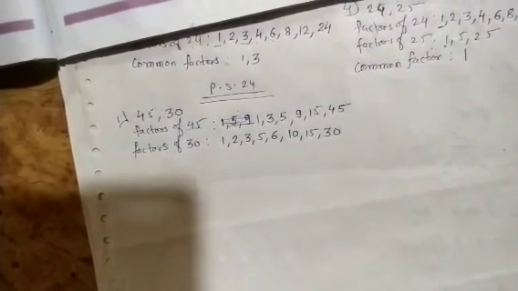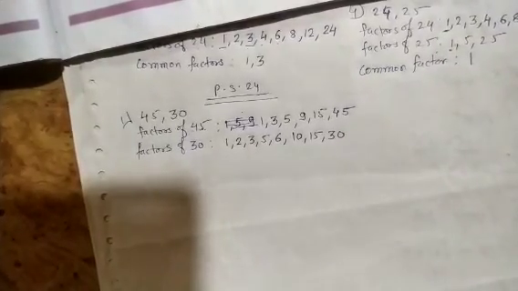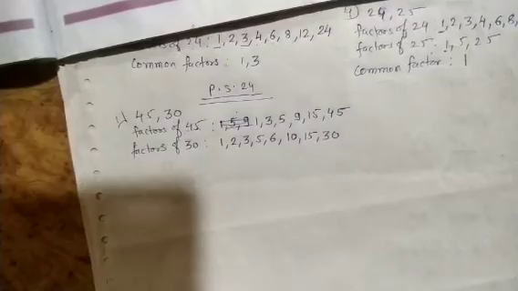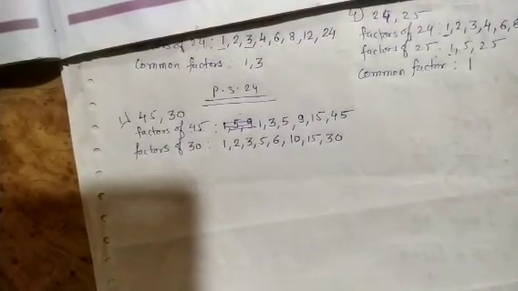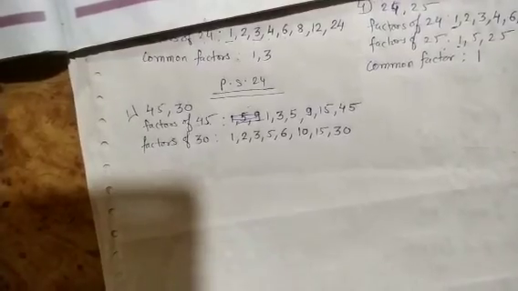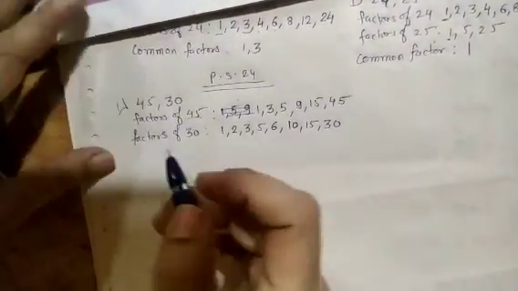Okay, now in the previous sum we found the common factors. Now here we have to find the HCF, means highest common factor. Okay, then first we will write the common factors.